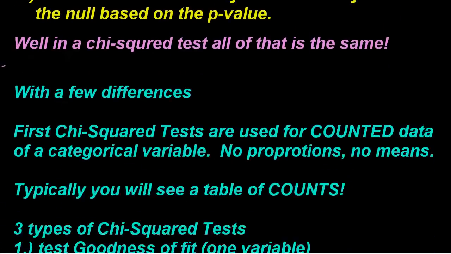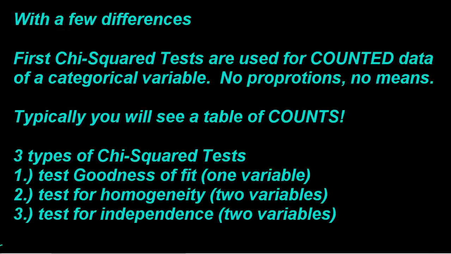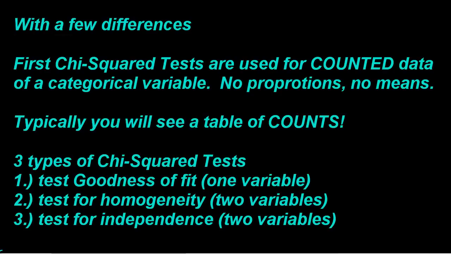So what exactly is a chi-squared test? Because like I said, there are a couple differences. Well, first and foremost, chi-squared tests are used for counted data of a categorical variable. No proportions in these problems, no means. So our sample data, the data we're going to look at as our evidence, is going to be counts of data for a categorical variable. Like, what's your favorite cereal?